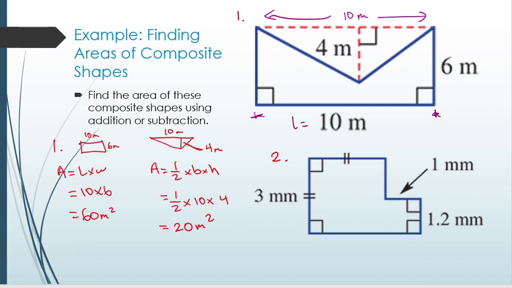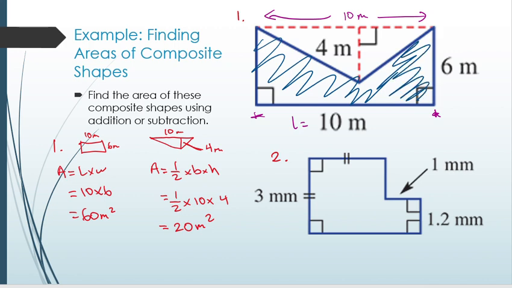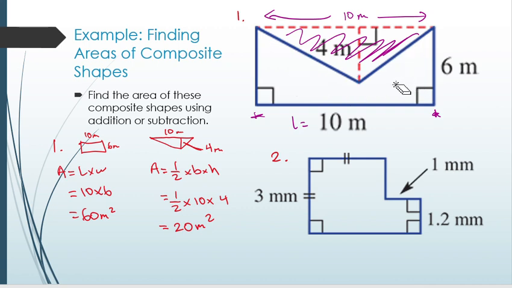Now, my original shape is actually this shaded blue area. This is my shape here. So as you can see, we found the area of the rectangle, which includes the blue and purple. And next, we found the area of the triangle, which is just the purple shaded area.